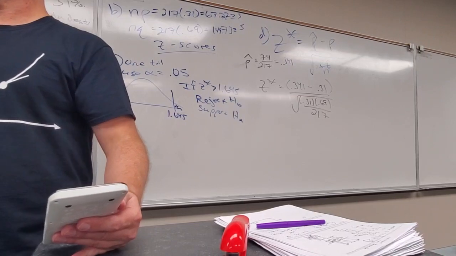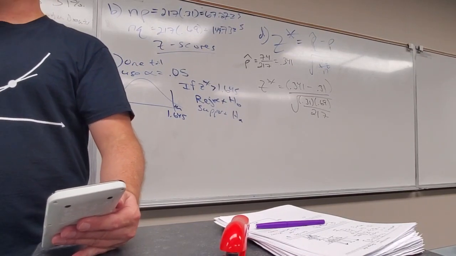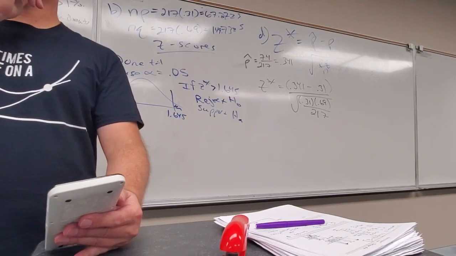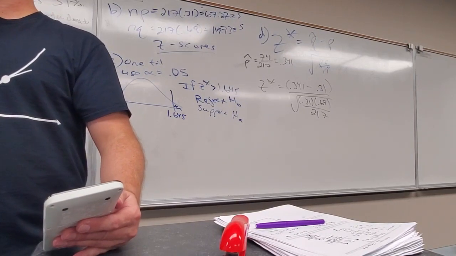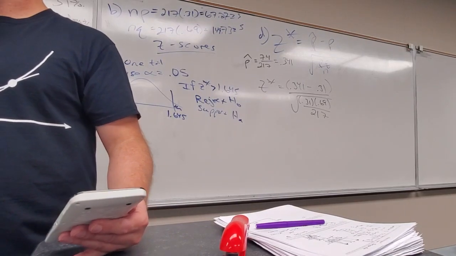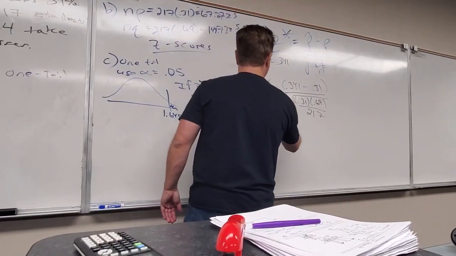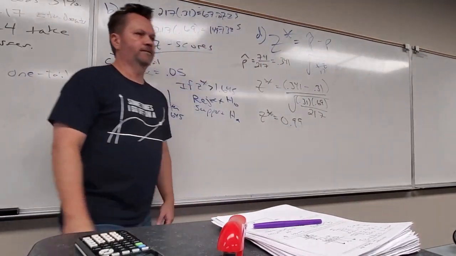Okay, does that make anybody feel more confident to say it? What'd you get? Why always 2? Because their Z-score chart just goes up to 2.9, right? All right.